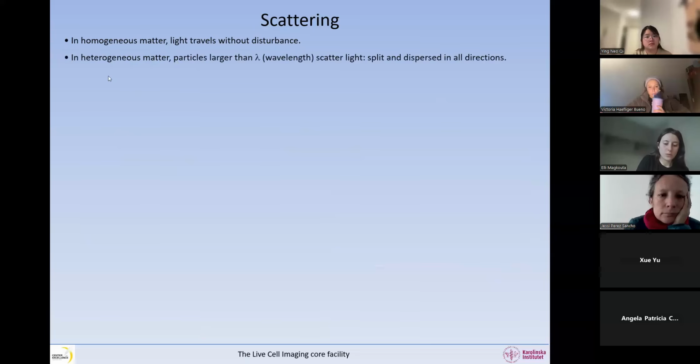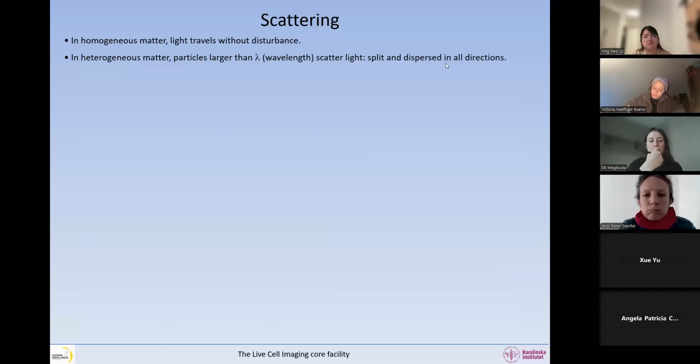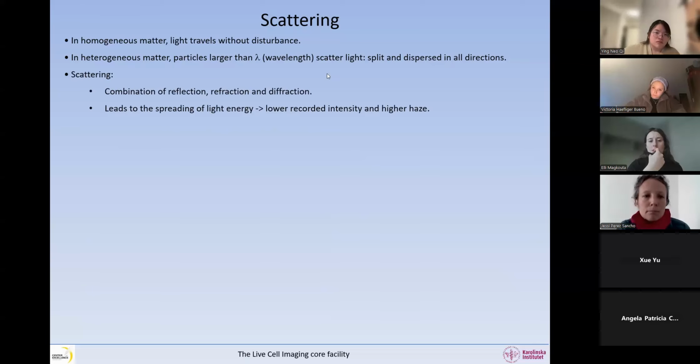But in heterogeneous matter, which is what our samples are made of, they're made of lots of things, the particles that are larger than the wavelength, so anything that's going to be bigger than 500 nanometers, more or less, scatters light. So what does it mean? It means it splits the light, it disperses in all directions, okay? So scatter is a combination of reflection, refraction, and diffraction. And I'm going to define this in a second.